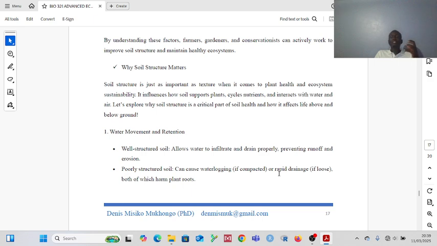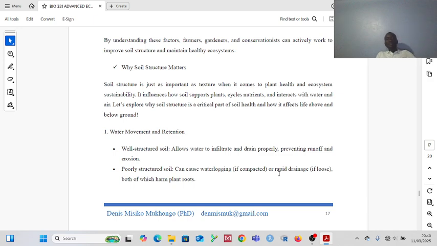So well structured soil will mean that the ability of water to move, to infiltrate that soil, which is structured properly, will be high. Then it will also drain properly. So we will not have runoff, we will not have erosion because the soil is well structured.